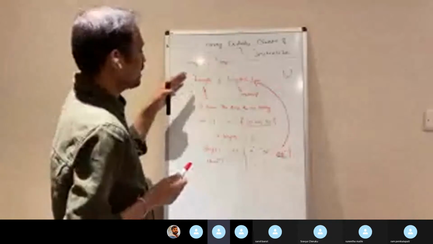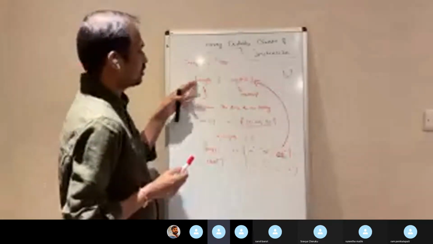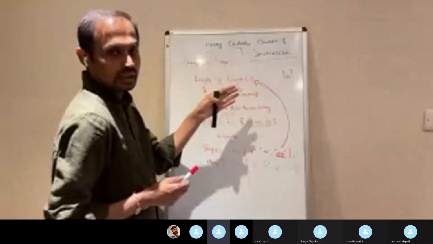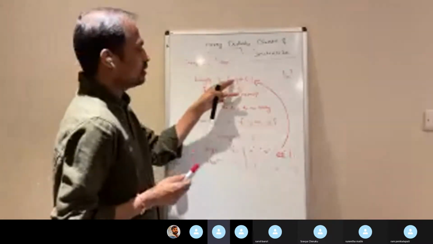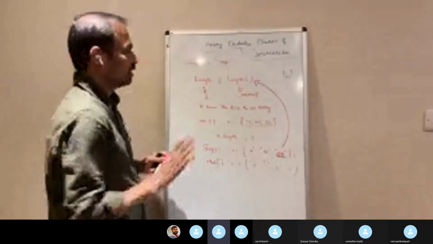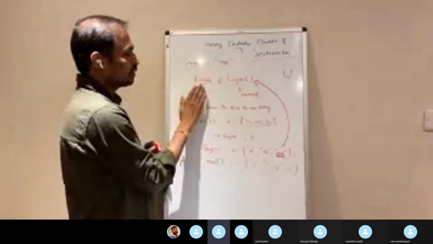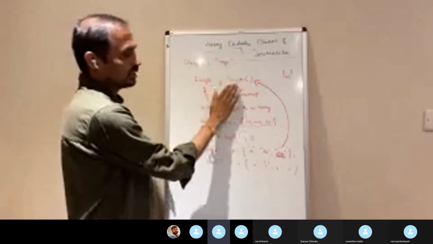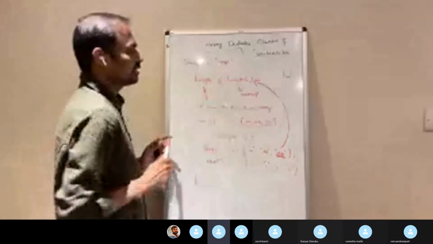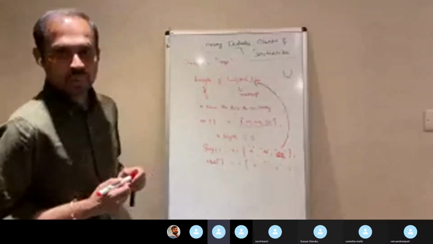For an array, to get the size of an array, we use length. To get the size of a string, we use the length method. That is the difference between length and the length method.